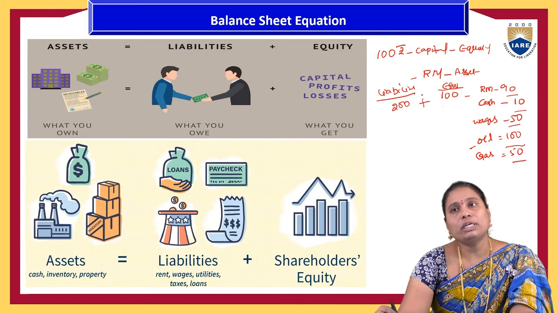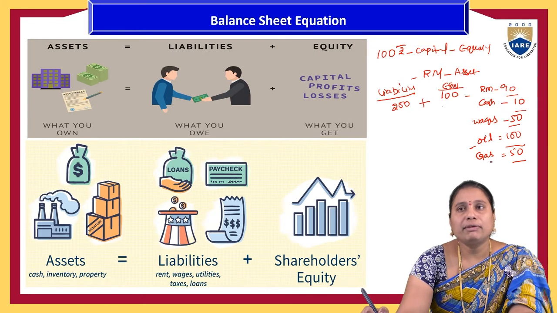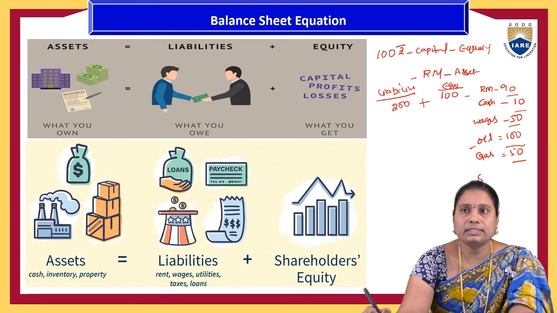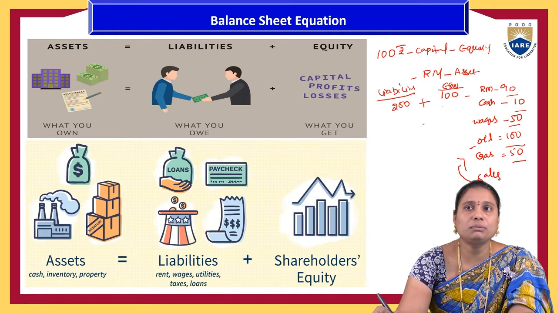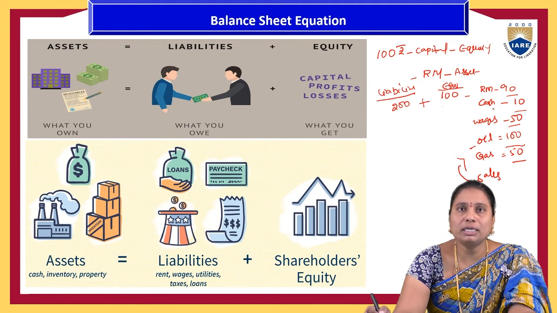Whatever transactions they do, afterwards if they make sales, the gain is called profit. That profit will be added to the business organization. Whatever they have invested in the organization should be in the form of either raw material or assets of the organization.